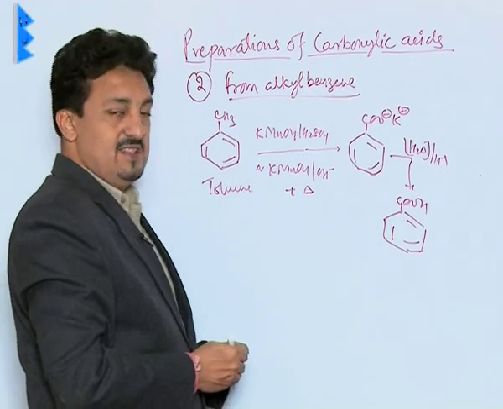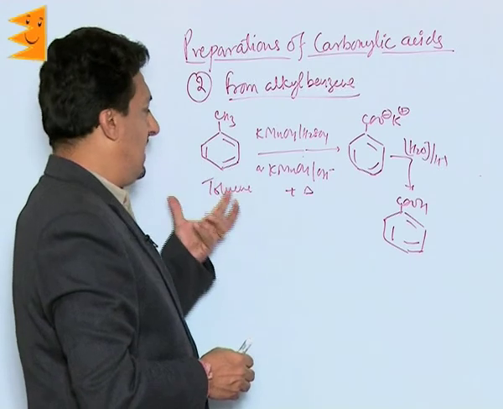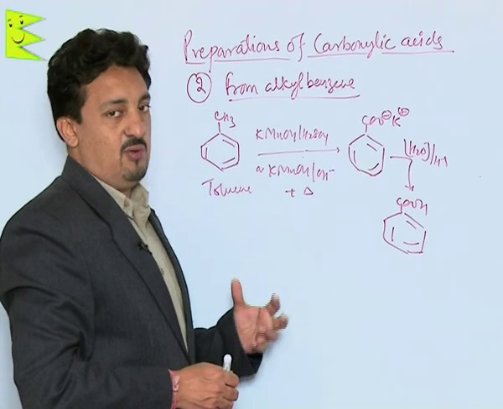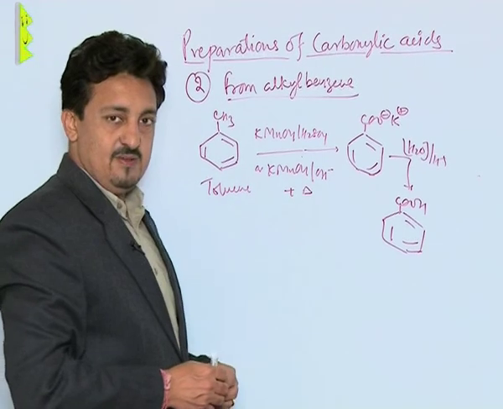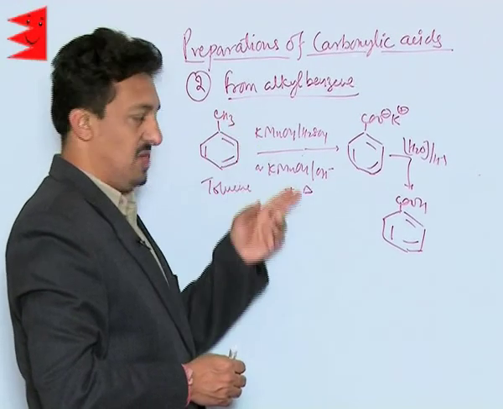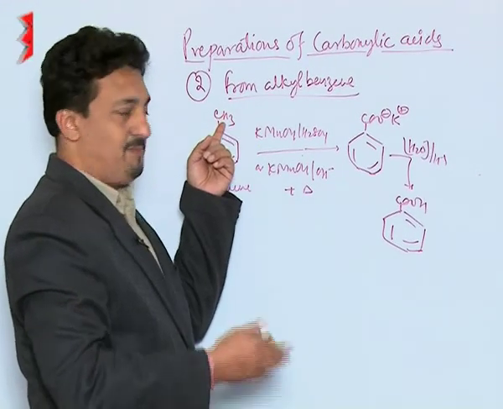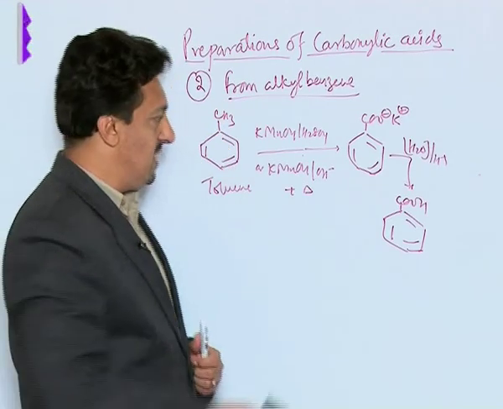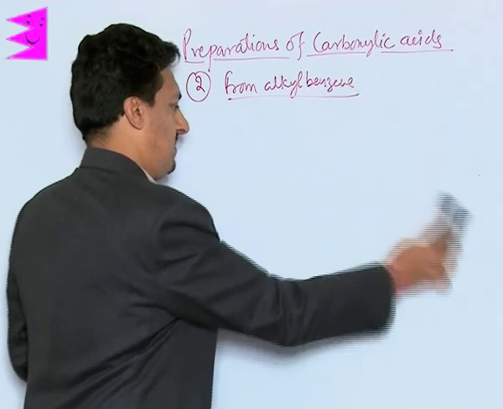The most interesting thing in this is that any kind of alkyl benzene gets oxidized to the corresponding carboxylic acid, irrespective of the length of the chain, whether this alkyl group is primary or secondary. Let me give you one more example.